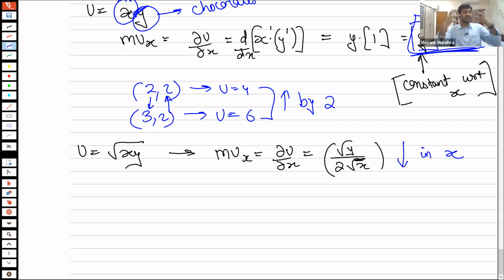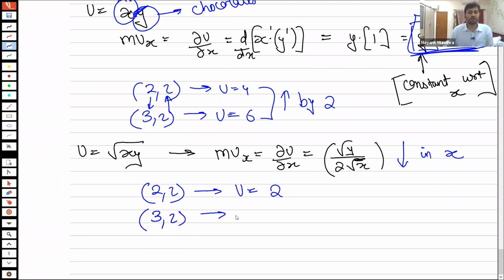So as you keep on increasing the consumption of ice cream, the utility for each ice cream is going to keep on reducing. So let's take y as 2. You start from 2 comma 2. The utility is under root of 2 into 2, so that is 2. Then you go to 3 comma 2, so utility is under root of 6.